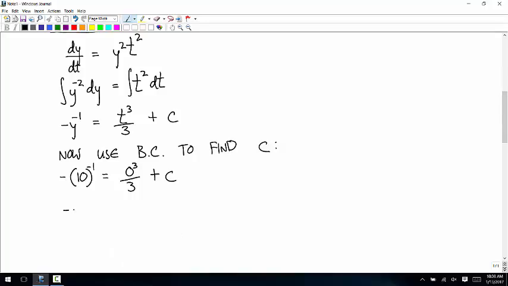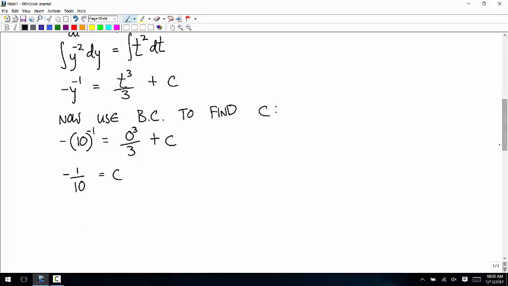And so negative 1/10 is equal to c. And so we can rewrite this relationship as negative y to the minus 1 is equal to t cubed over 3 minus, I'll do it as 0.1, minus 1/10.